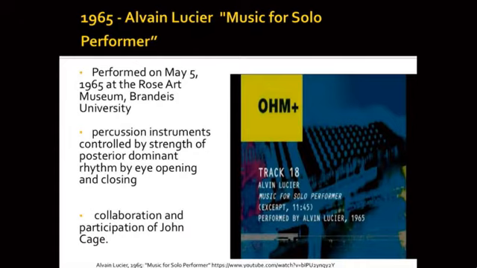And artists have been trying to convert EEG into sound and music for art pieces for a very long time. One of the earlier famous ones was Alvin Lucier, the composer, who had a piece called Music for Solo Performer. He was looking at the posterior dominant rhythm, that resting rhythm in the back of the brain when your eyes are closed but you're not actively using your visual cortex.